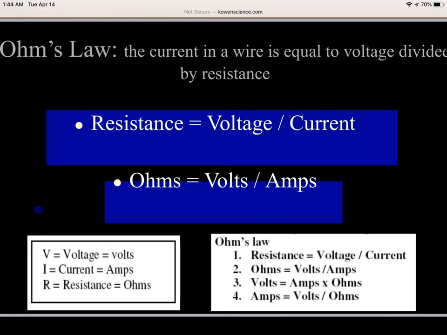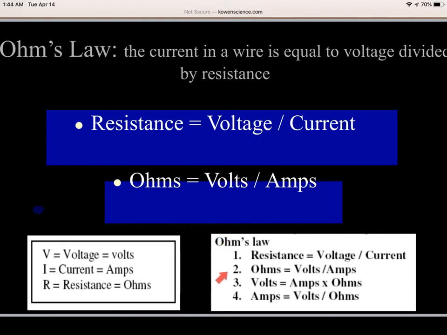So Ohm's law is a basic algebraic problem where we have current equals voltage divided by resistance. Obviously, we can rearrange the formula multiple times, and so we can get resistance equals voltage divided by current, etc. Do remember resistance is in ohms, voltage is in volts, current is in amperes.